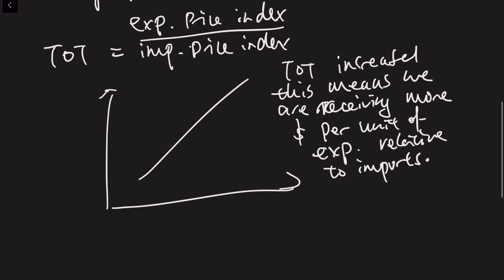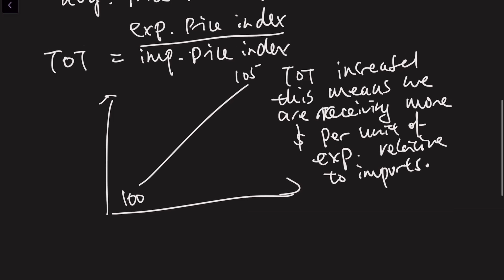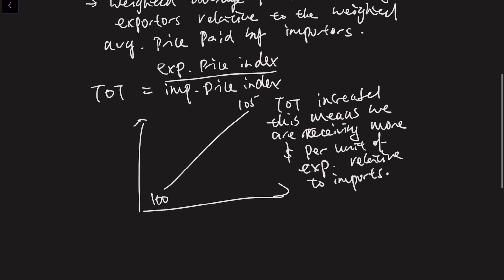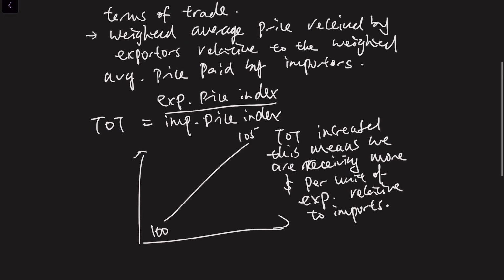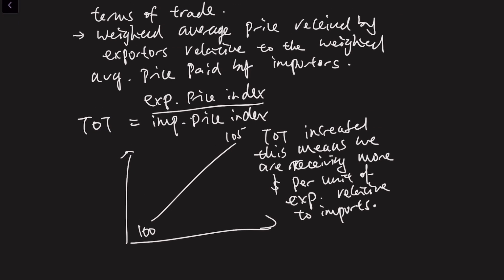So whether it goes from 100 to 105 or 10 to 15, the absolute value is not really important. The trend is important. So we look at how terms of trade increased and decreased and their impact on the economy. We do not necessarily care about the absolute value of terms of trade.